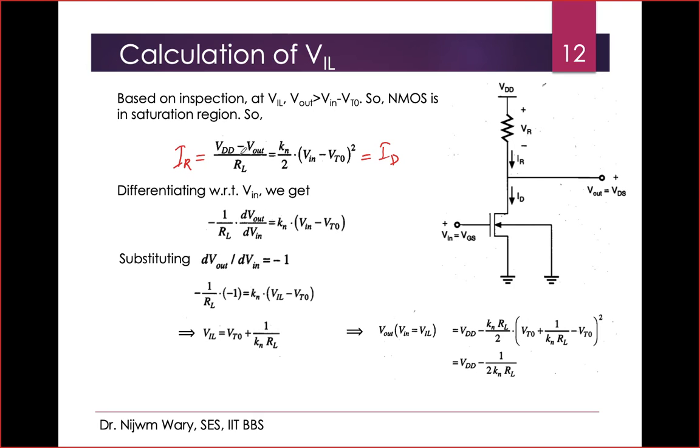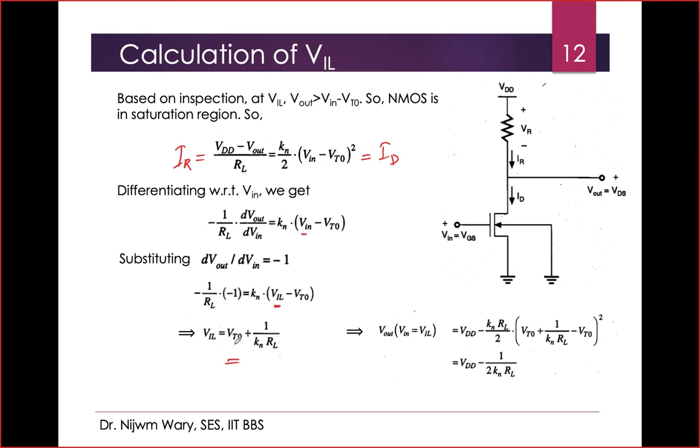So I differentiate this equation with respect to V in, then substitute this dV out by dV in with -1, and replace V in with VIL, because from the input perspective I am trying to find VIL. From this we'll get VIL.